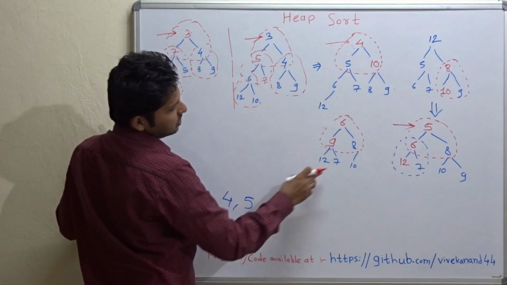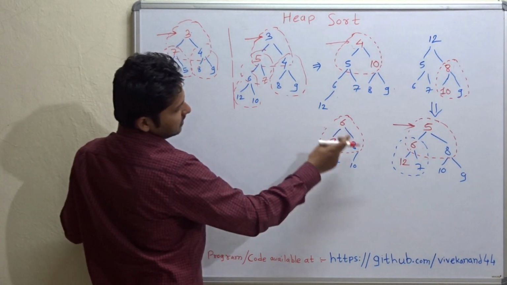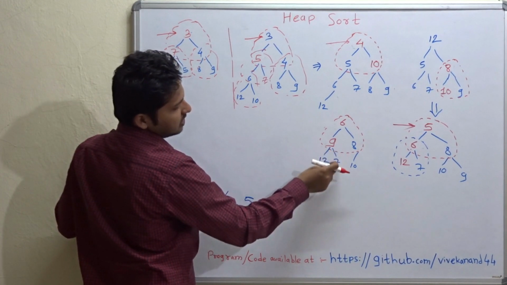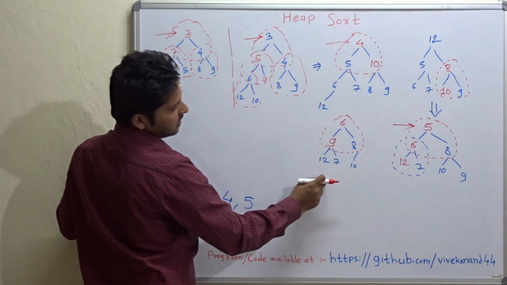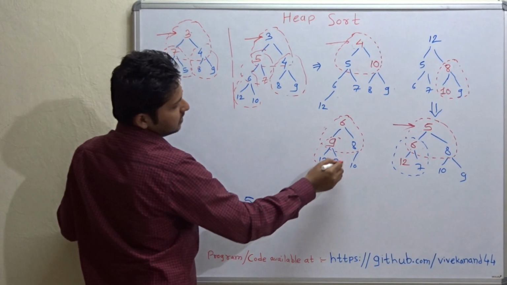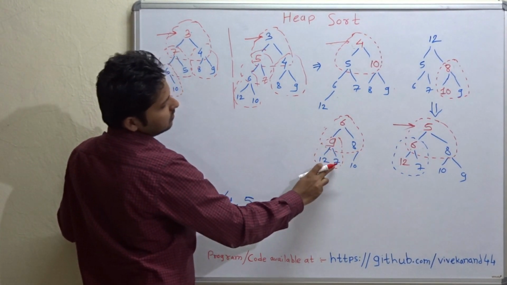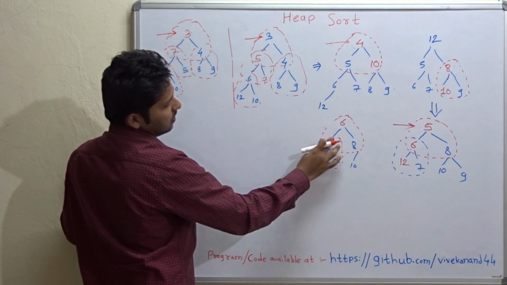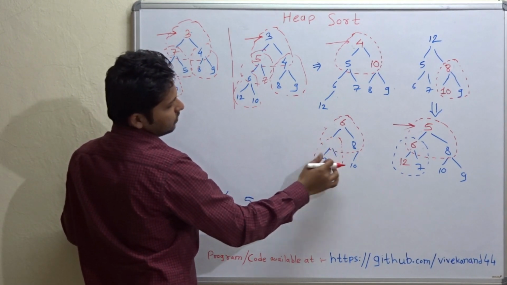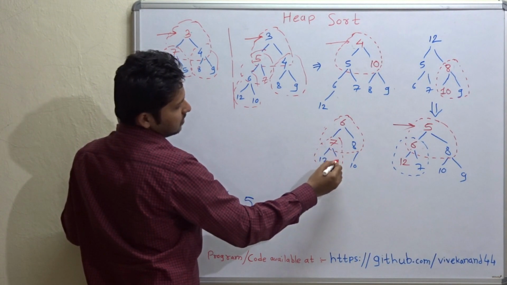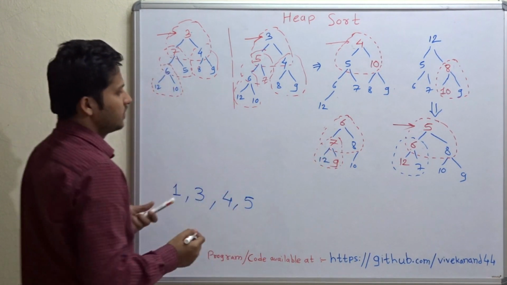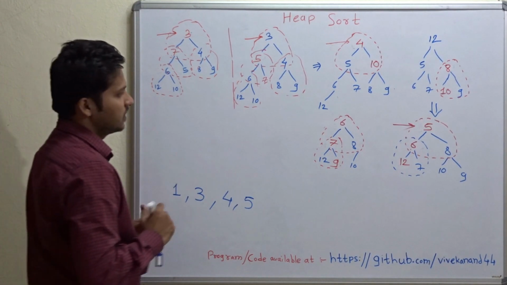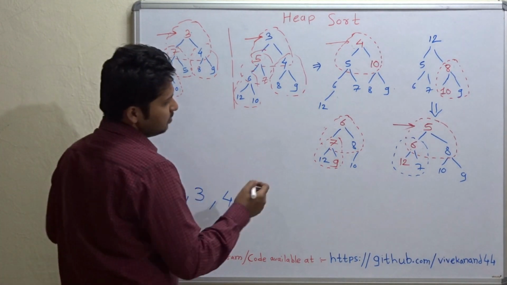Let's check whether each thing satisfies. 6, 9. Yes, 9 doesn't satisfy the heap condition because 9 is greater than 7. So again apply. Now 7 is minimum, so we will swap this with 9. Now check. Yes, every node satisfies the condition. So this means this is a heap.